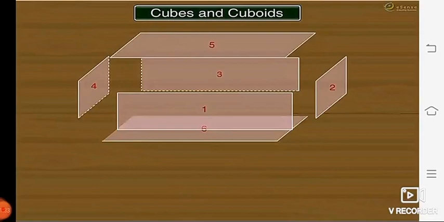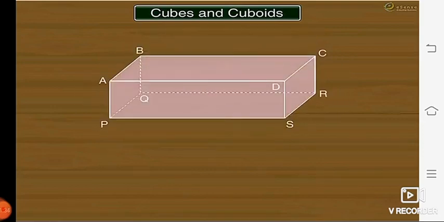The plane surfaces we see from all the sides, front, back, up, down, and the sides, are 6 plane surfaces. They are called the faces of the cuboid. All the faces of a cuboid are rectangular in shape.